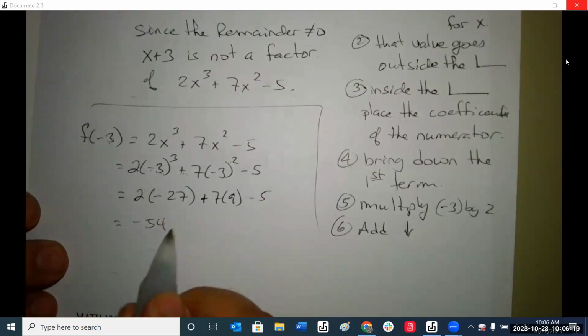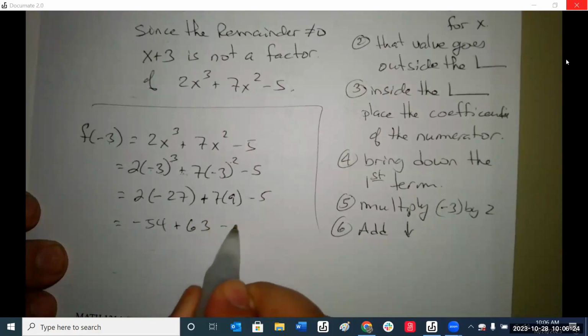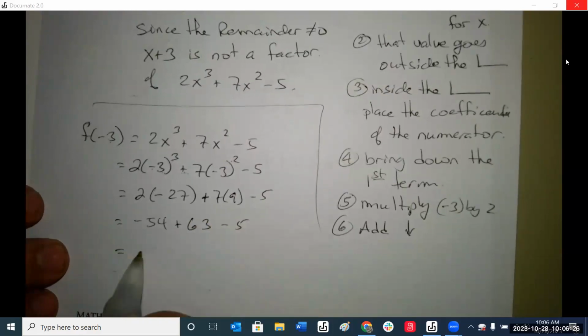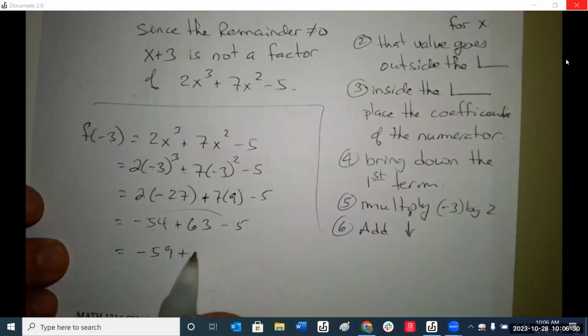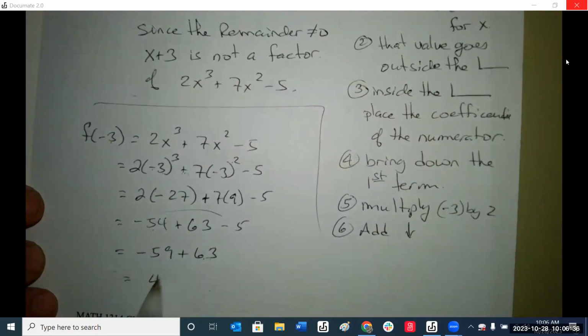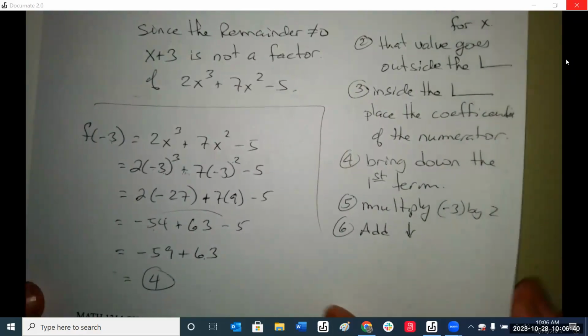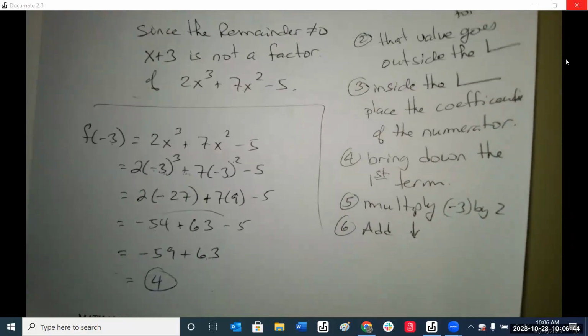Negative 54 plus 63 minus 5. These two together make it negative 59 plus 63. Answer is going to be positive. 63 minus 59 is 4. Again, that's why you could do it to check to see if it's a 0 or check your answer.